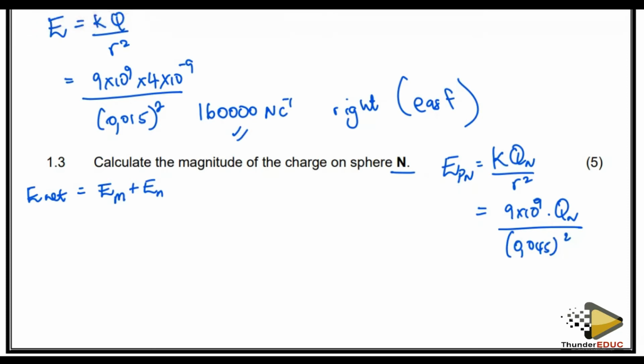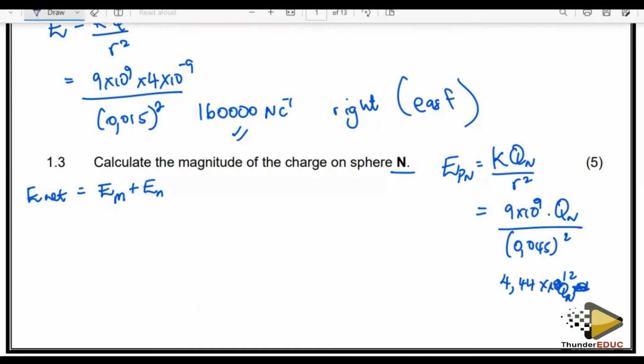Okay, when I put that into my calculator, 0.045 squared, I'm getting 4.44 times 10 to the 12 QN.